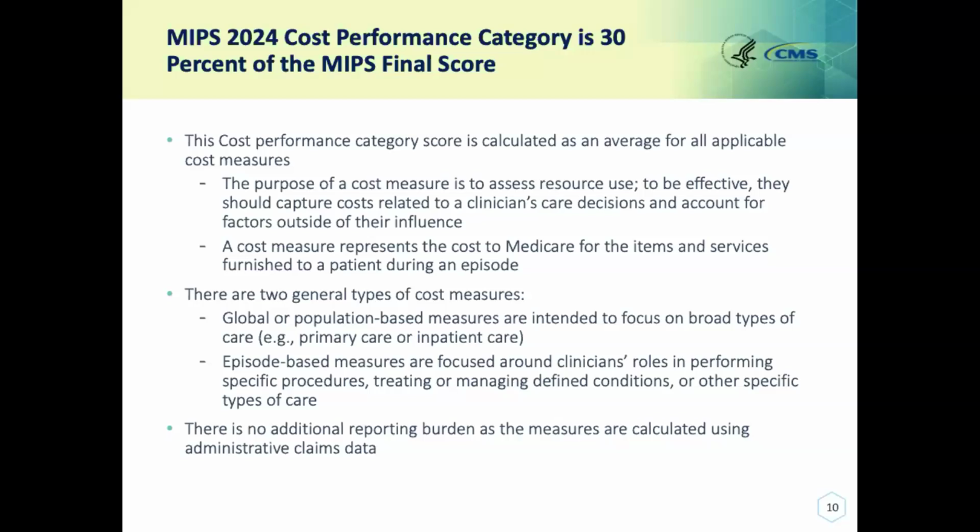Currently, there are 2 types of measures in the cost category. The first being the global or population-based measures, which focus on broad types of care. Specifically, they focus on clinicians who provide primary care type services and who provide care in an inpatient hospital setting. And then the second type of cost measures are the episode-based cost measures, which focus on clinicians who perform specific procedures or provide care to treat or manage particular conditions or other defined types of care. Next slide, please.